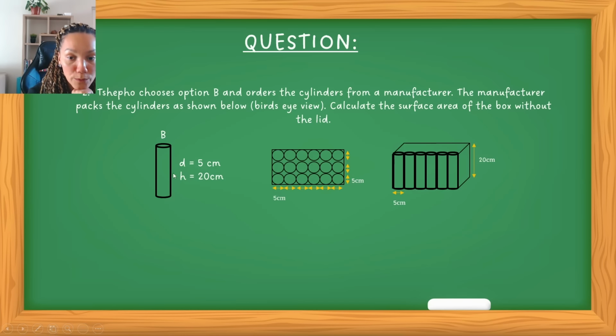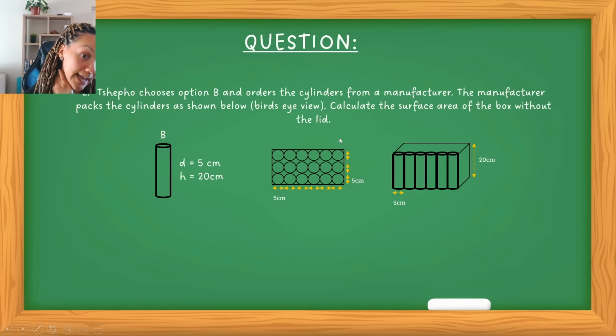This is option B. This is the diameter, which is from one side of the circle through the center to the other side, which is double the radius. That is the diameter, and then the height is 20. So this is how the manufacturer packs the boxes when they deliver them to be able to put the cling wrap around.